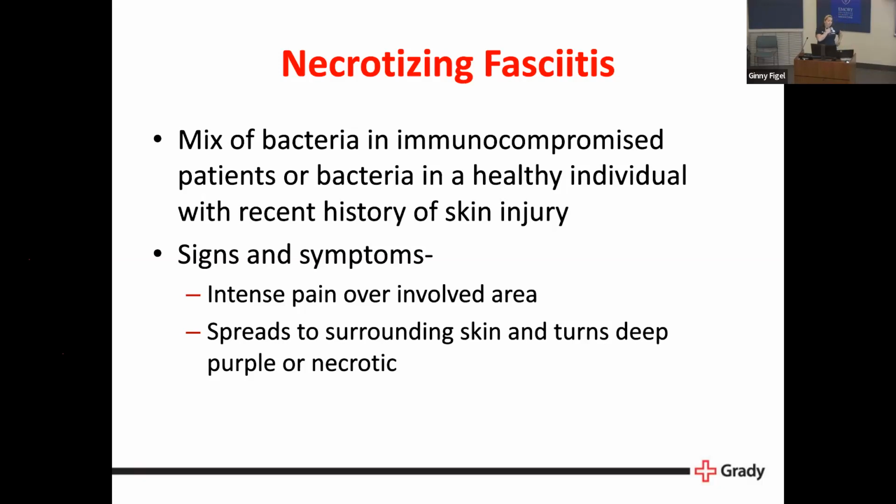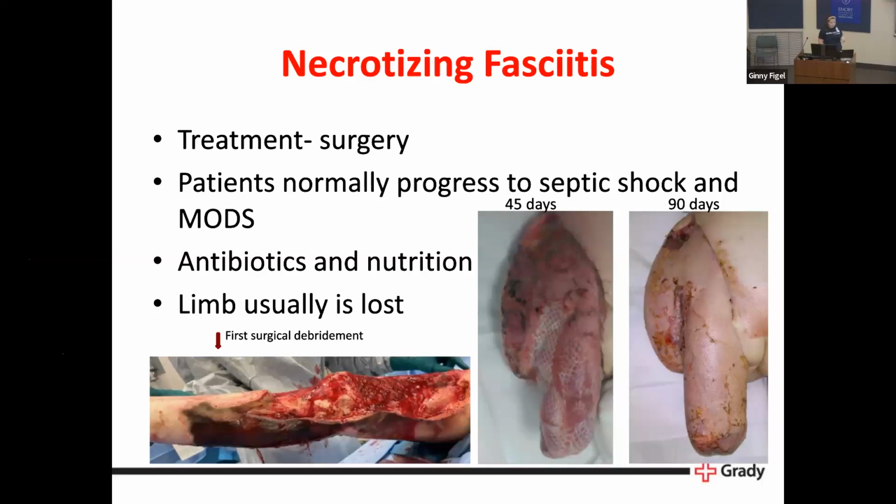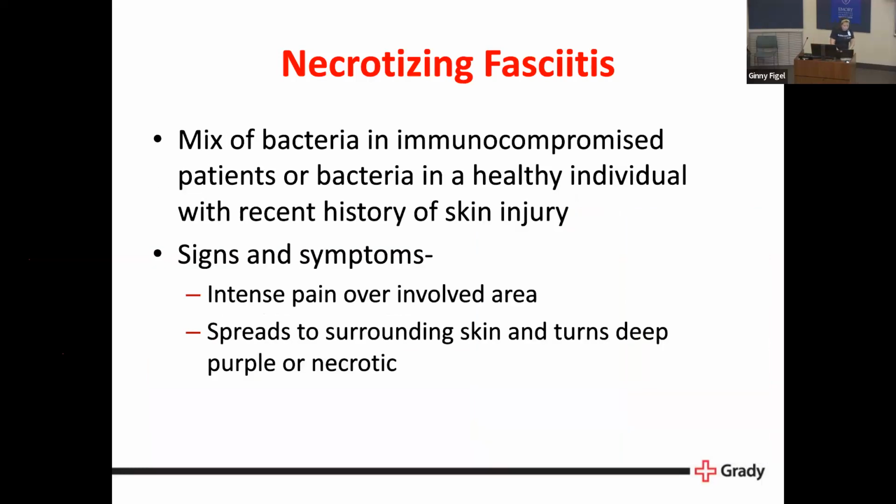It, of course, has a lot of factors of how people are more susceptible to it. You know, those in the immunocompromised that have diabetes, any kind of autoimmune disorder, morbid obesity is the big one that we see a lot.